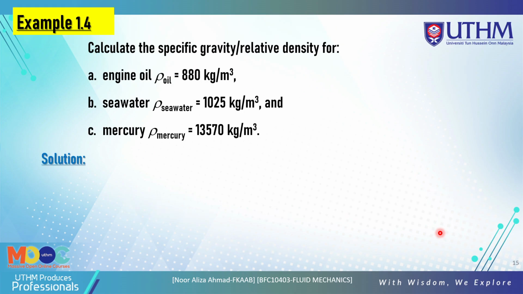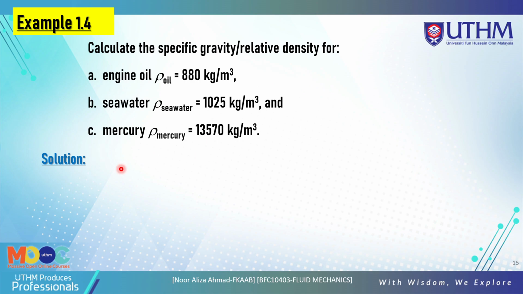Okay, example 1.4. Calculate the specific gravity or relative density for engine oil with density 880 kg per meter cube, seawater with 1025 kg per meter cube, and mercury with density 13570 kg per meter cube.